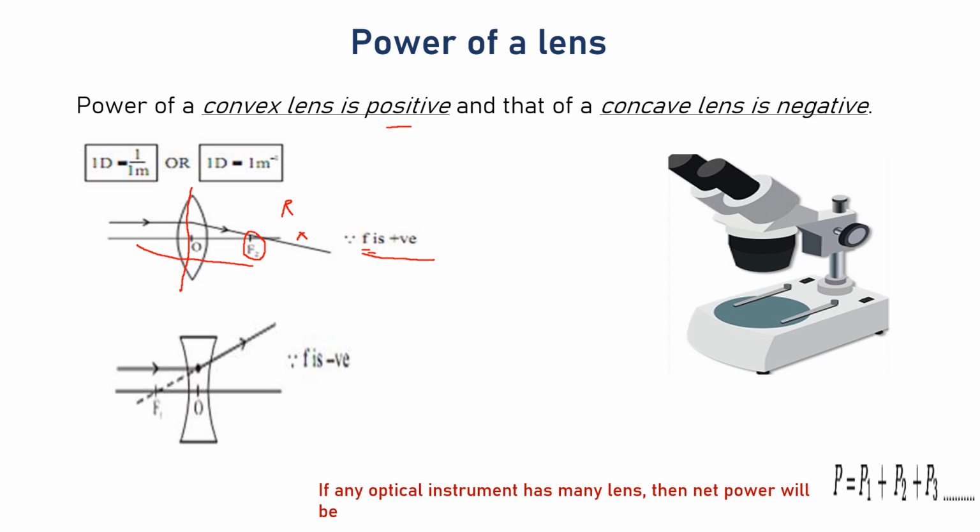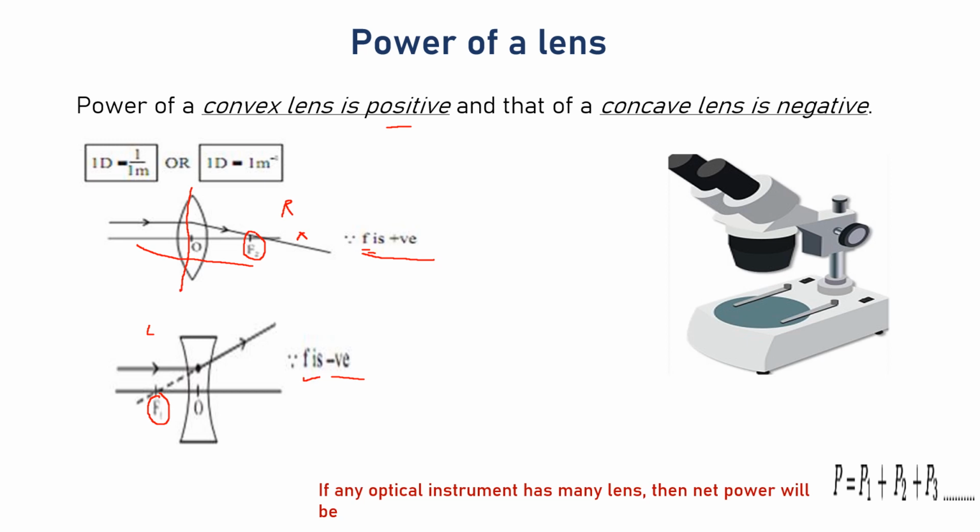In the case of concave lenses, you see these rays are diverging and they appear to meet on the left hand side. Here the focal point is on the left hand side, which is negative. Since the focal length is negative, that is the reason the power of a concave lens is negative, right?